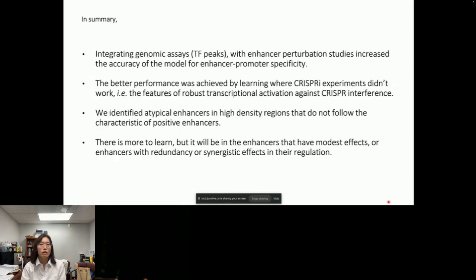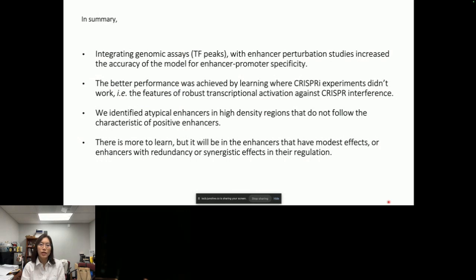So to summarize, integrating genomic assays such as transcription factor binding peaks with enhancer perturbation studies increases the accuracy of the model for enhancer promoter specificity. Most of our increase in performance was achieved by learning where the CRISPR interference experiments didn't work, by identifying the negative cases where the machine learning was picking up the features of very robust transcriptional activation, either by strong promoters or by robust enhancer hubs.